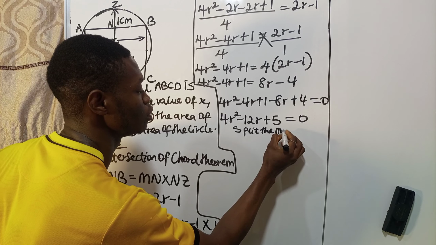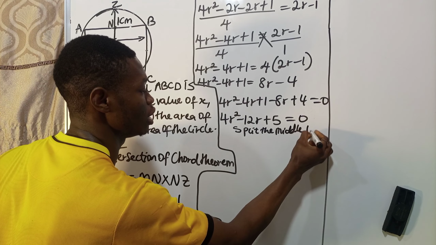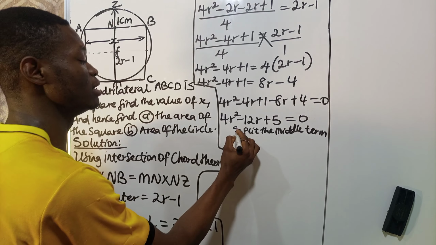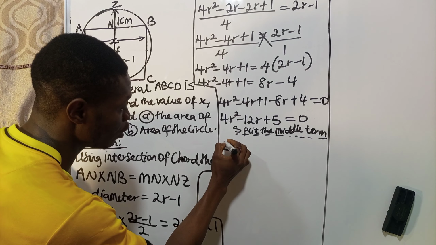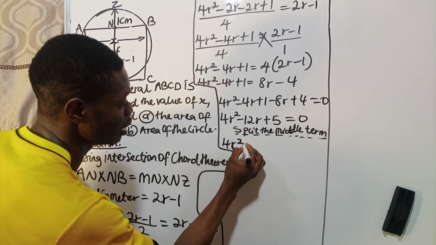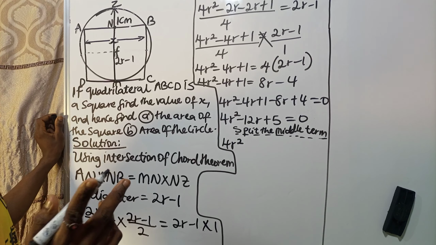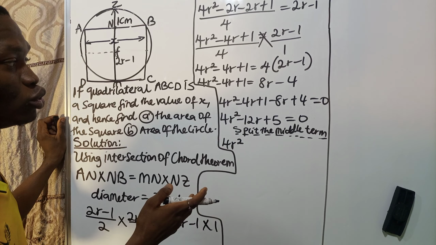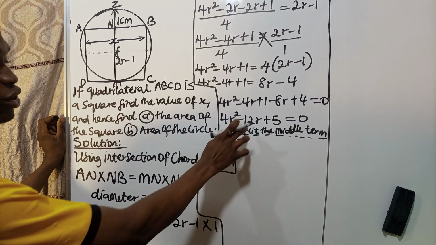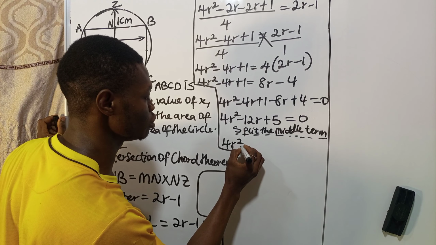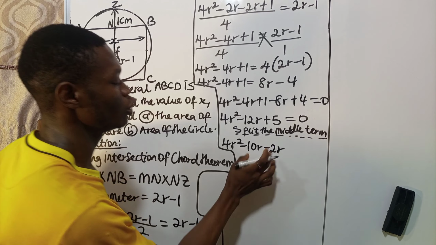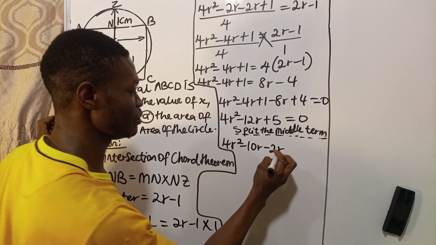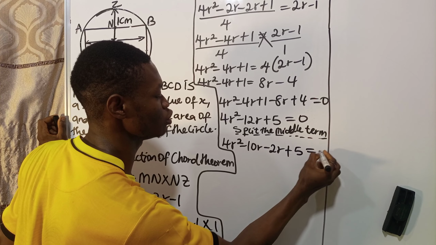Splitting the middle term, it will now give me 4r squared. I will now look for two numbers that I'm going to subtract or add to give me this minus 12. So it will now be minus 10r minus 2r. Nothing changed, it will still give me minus 12. Then plus 5 equals 0.